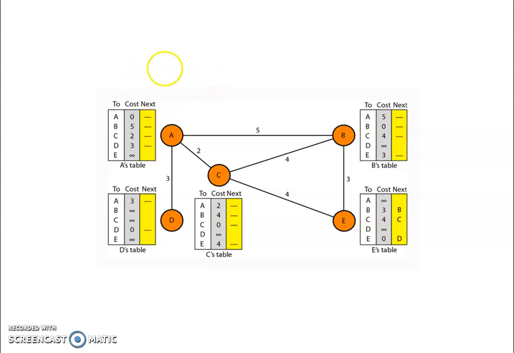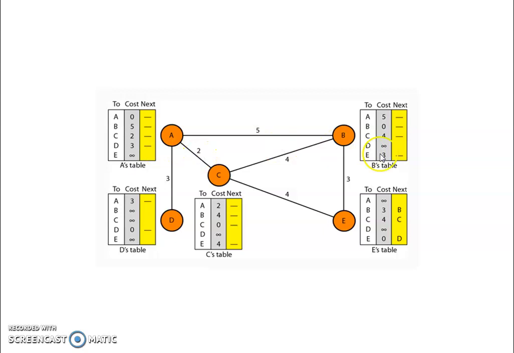So here in the initialization step, we can see node A is directly connected to B, C, and D. And the distances to these nodes are written as A to B 5, A to C 2, and A to D 3. Whereas node E is not directly connected to A, or it is not an immediate neighbor of A, so the distance to E is written as infinite.